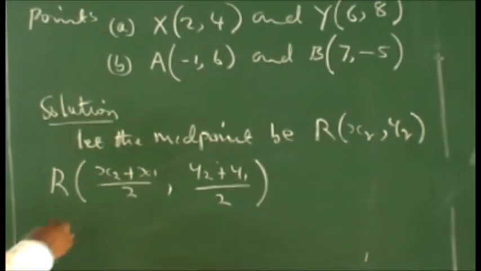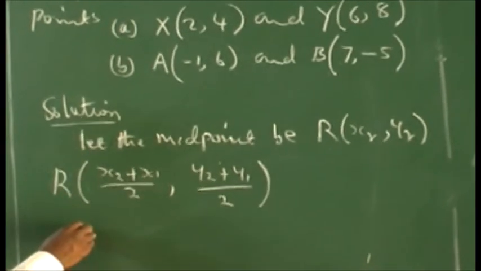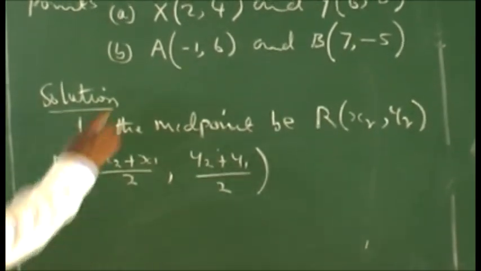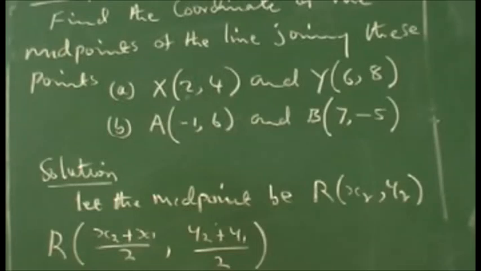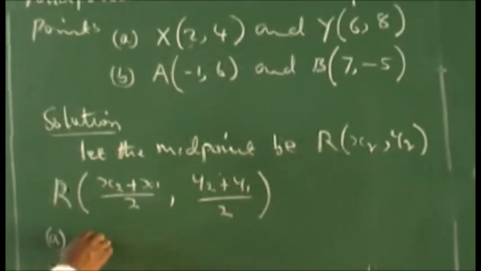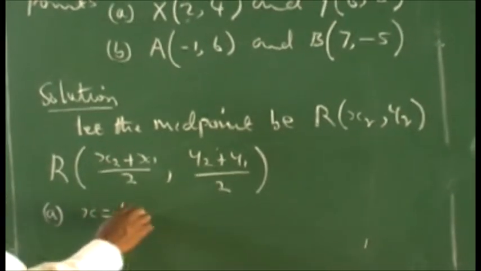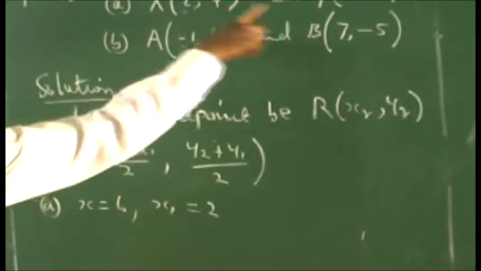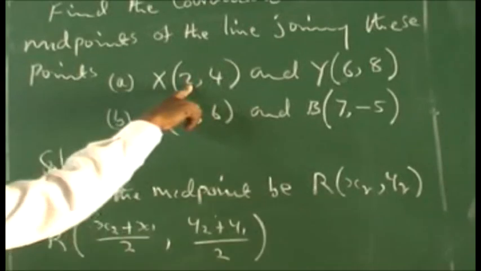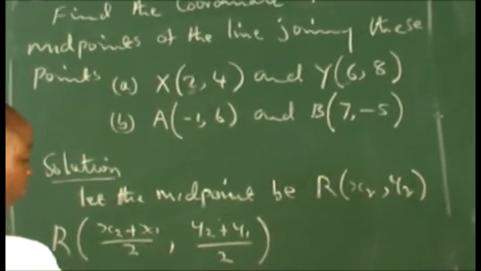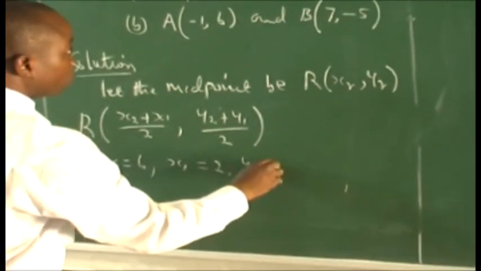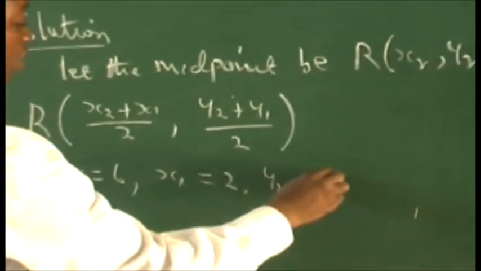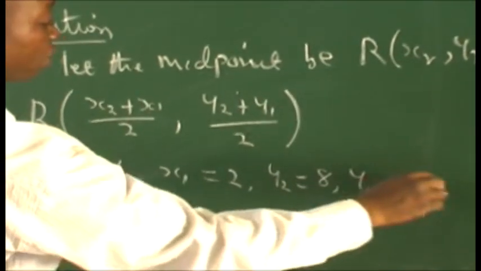So now, for the first one, from this A, we know that S2 is equal to 6, S1 is equal to 2. And then we also see that Y2 is equal to 8, and Y1 is equal to 4.